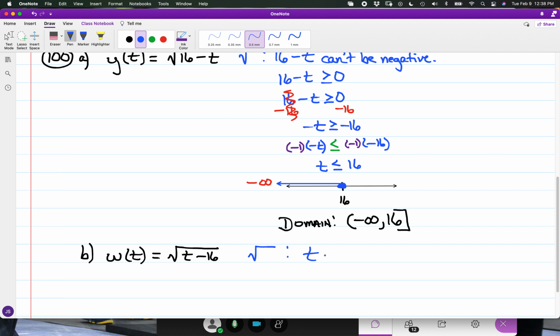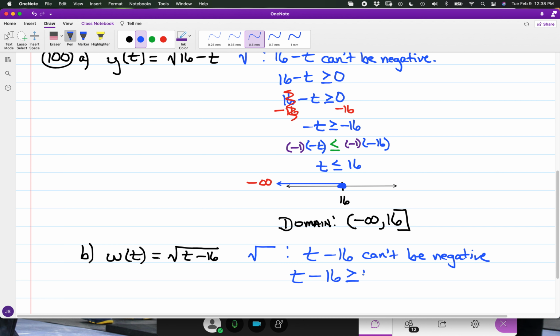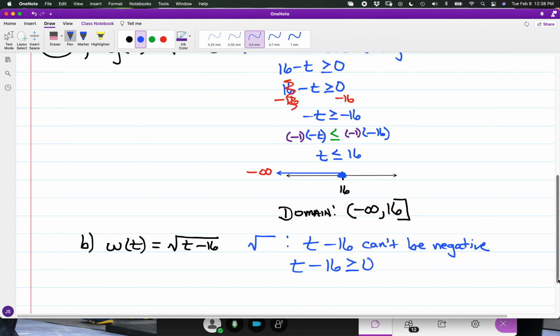Again, because we have a square root expression, t minus 16 in itself cannot be negative. Now it still can be 0 or positive.